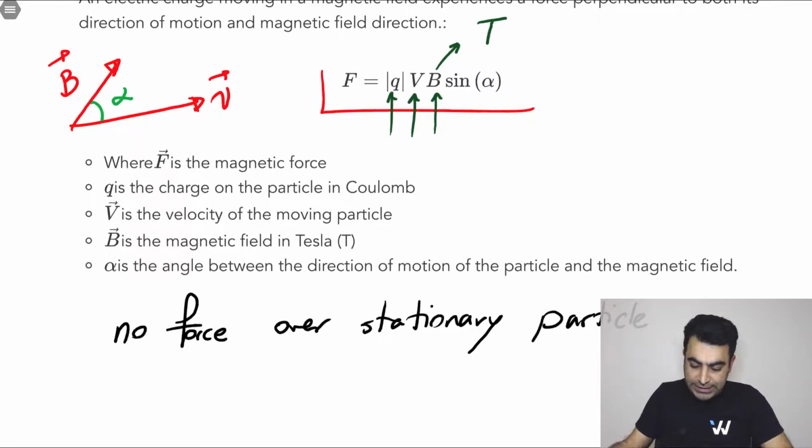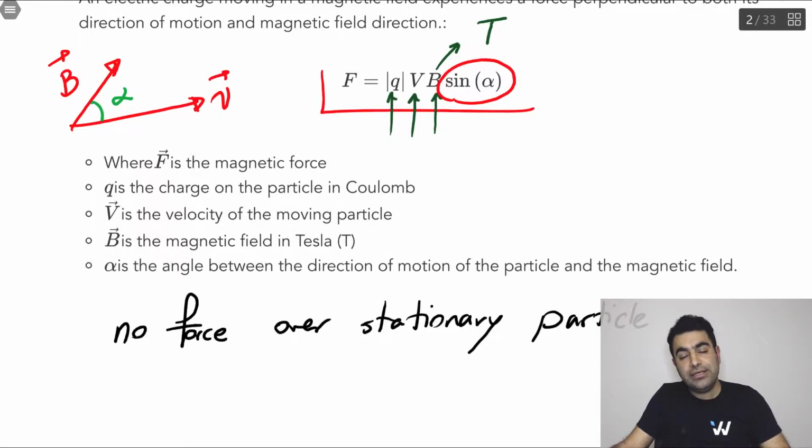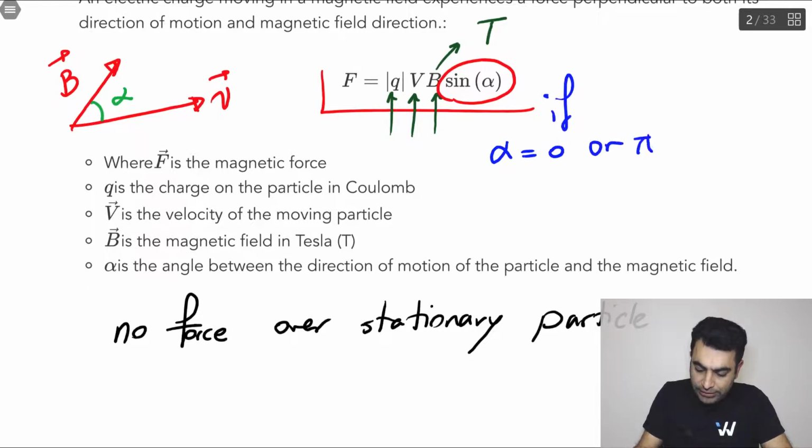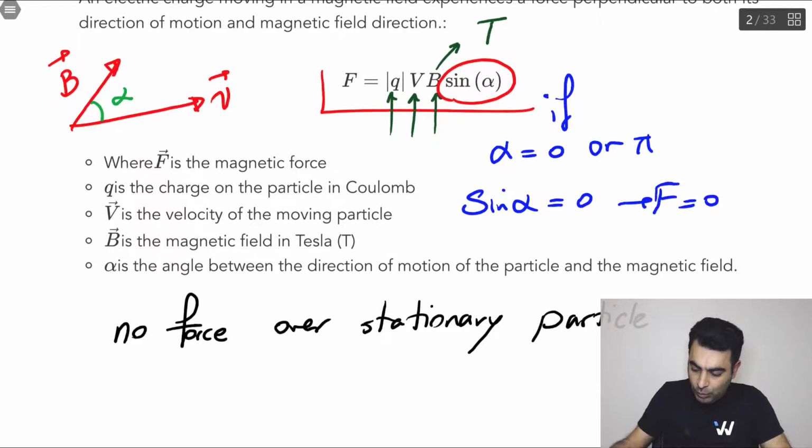The other thing we can say is that there are certain angles for which sine would be equal to 0. Those angles are alpha equal to 0 or alpha equal to pi. So if I set alpha to be 0 or pi, then in that case sin(alpha) becomes 0, and that makes the force equal to 0. What's the meaning of that?